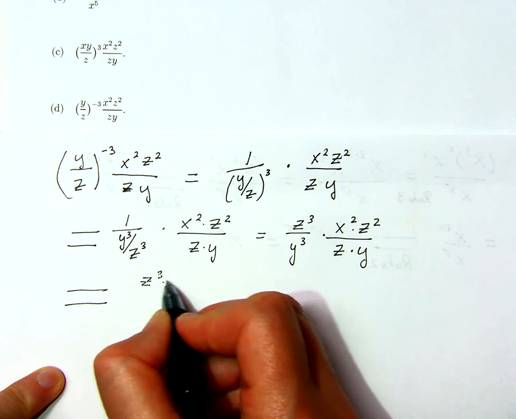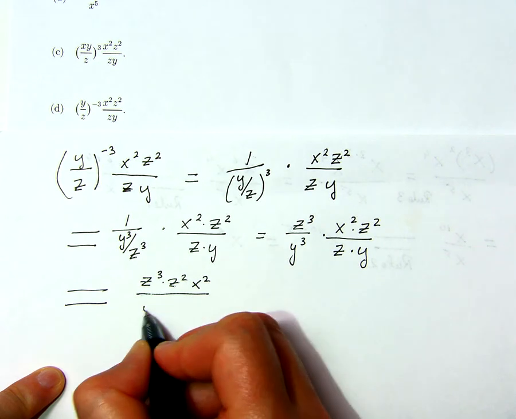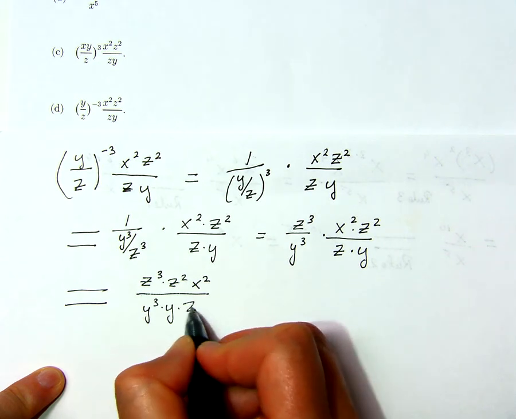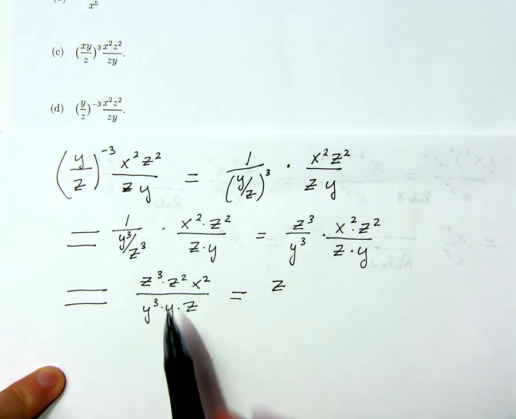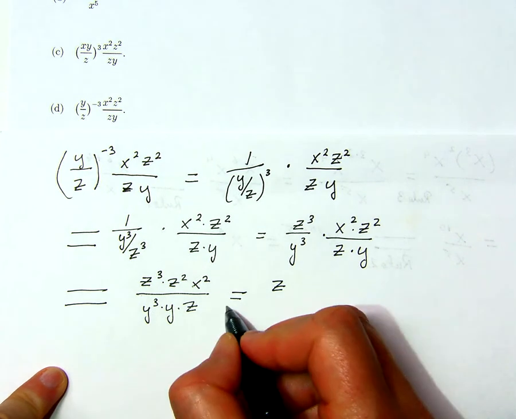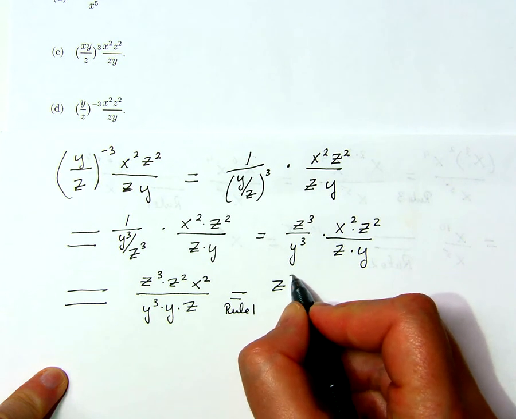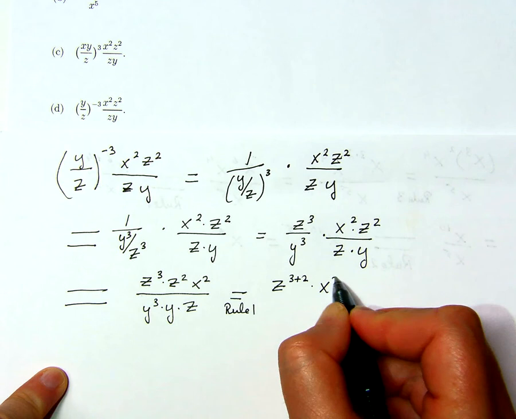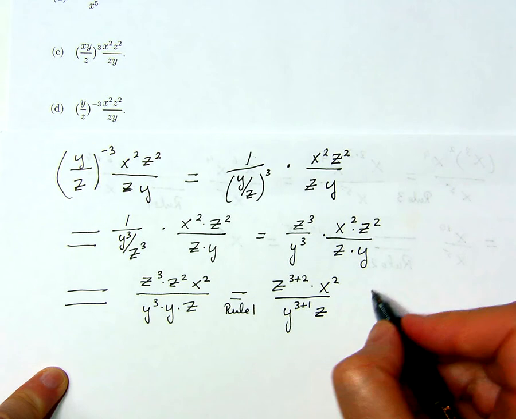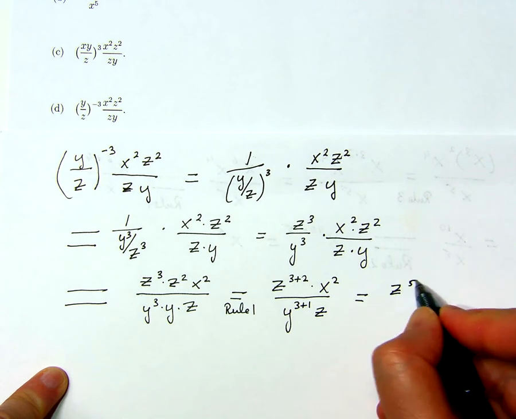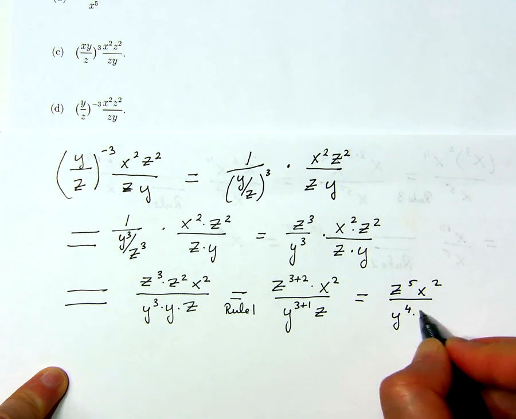We have z cubed times z squared times x squared over y cubed times y times z, and that's equal to, amalgamating these powers according to rule 1, z to the 3 plus 2 times x squared over y to the 3 plus 1 times z, and that's z to the 5 times x squared over y to the 4 times z.